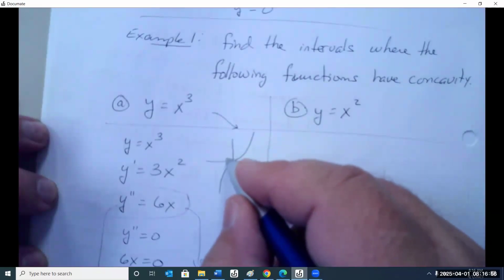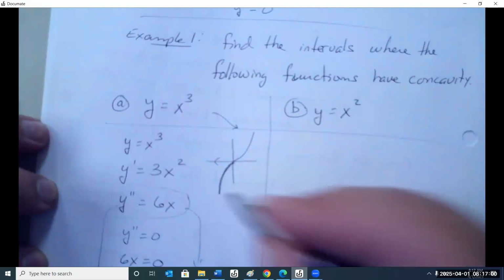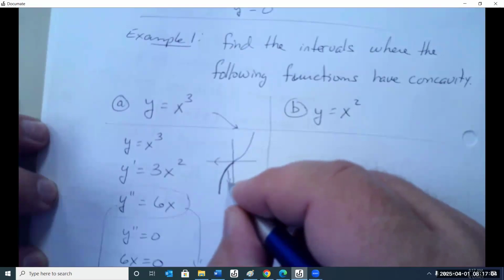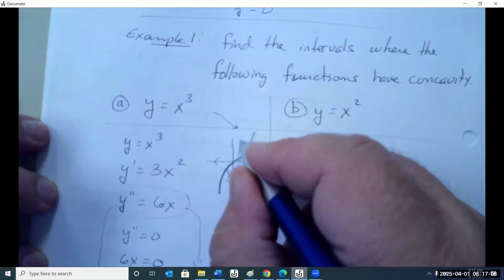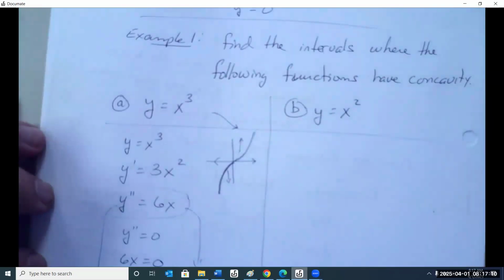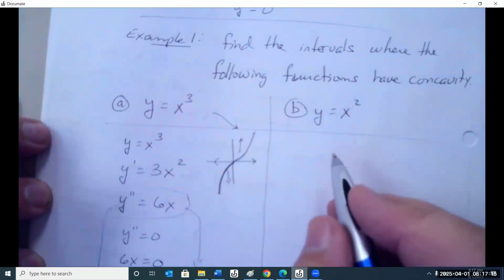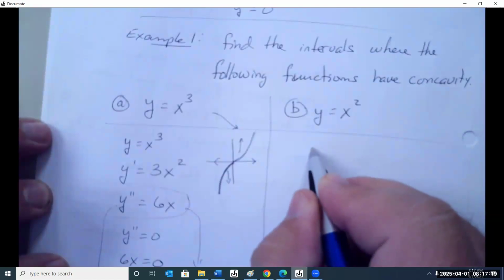So anything to the left of 0, it's concave down. Anything to the right of 0, it's concave up. We'll come back to this point in a second. All right, let's look at the next one.